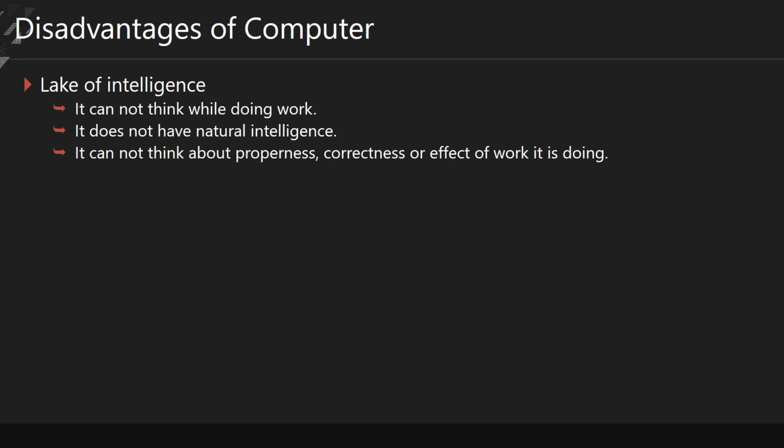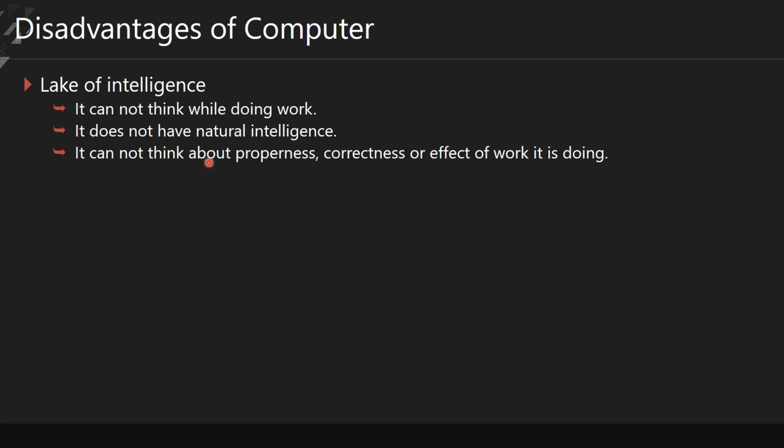There are multiple advantages, and there are some disadvantages also. Let us see some of them. First, lack of intelligence. Whatever application is written, it will be applicable only to that one application. It will not use the same intelligence for other work. It cannot think while doing a work.